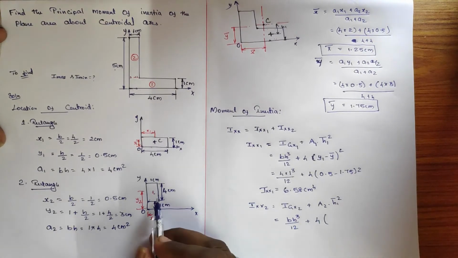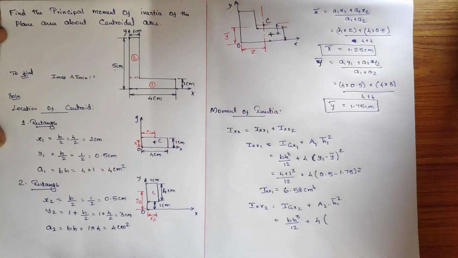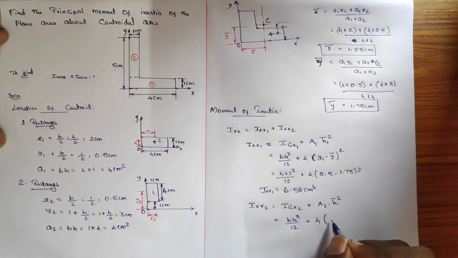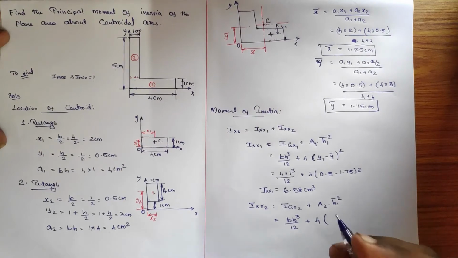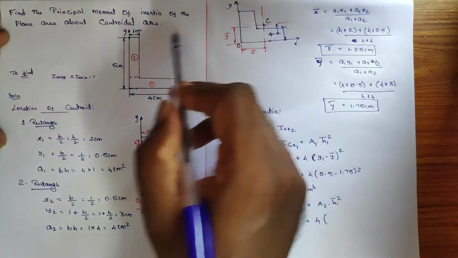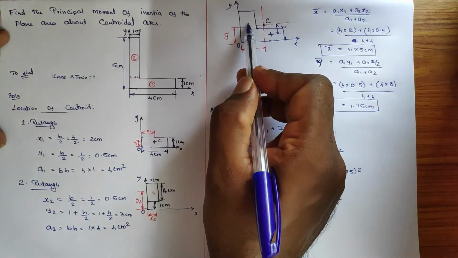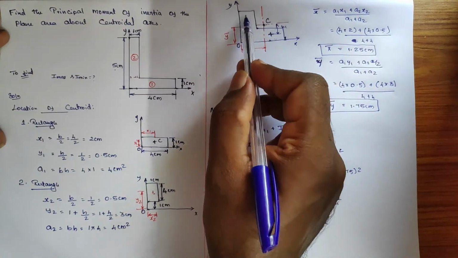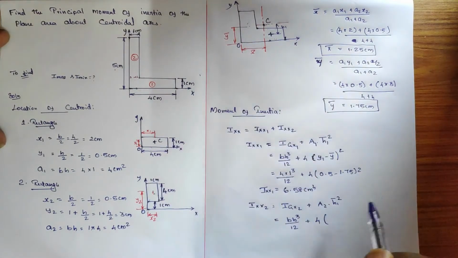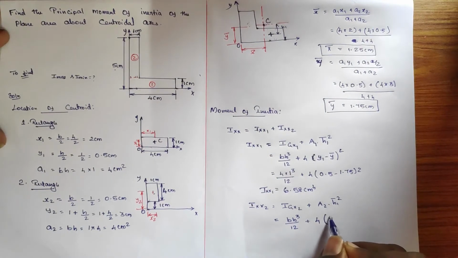Here with respect to the second component, it's the difference between the centroid of the L section and the self-centroid of the individual second section. So here it will be y2 minus y bar the whole square.